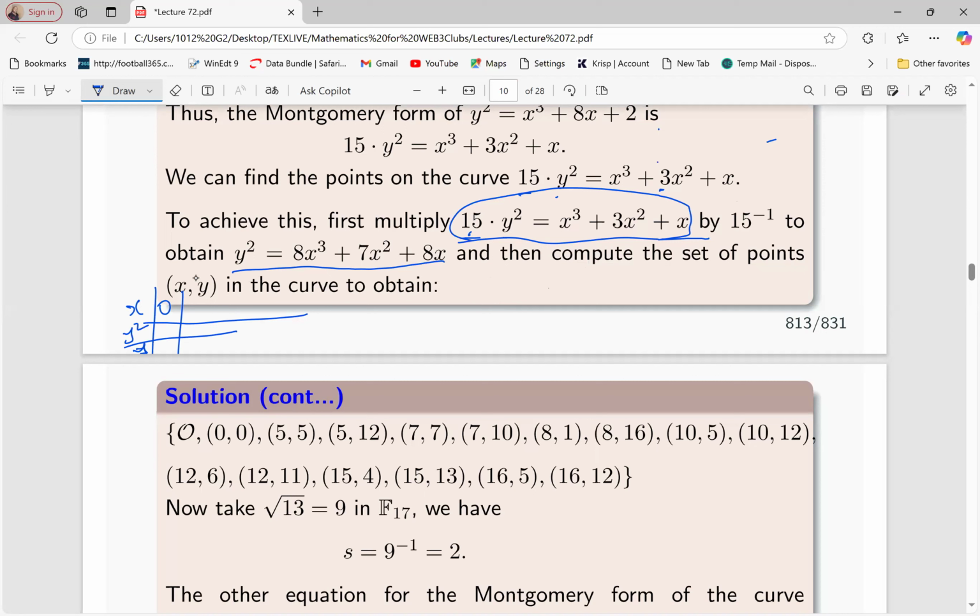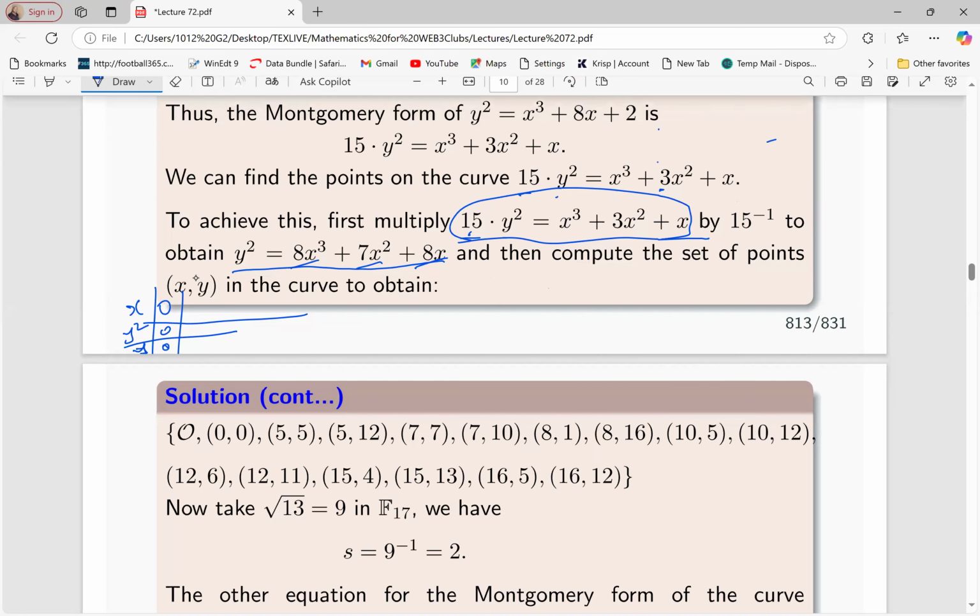So when x is 0, this becomes 0, this becomes 0, this becomes 0. So y square is 0, and the square root of that is also 0, so we come up with the point (0, 0).